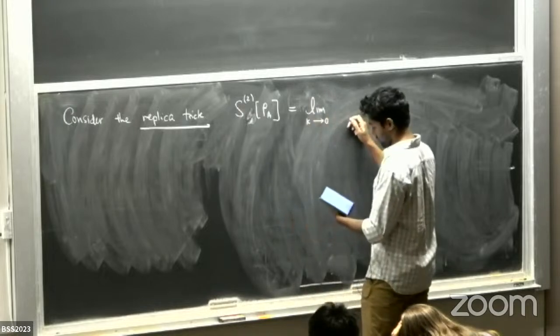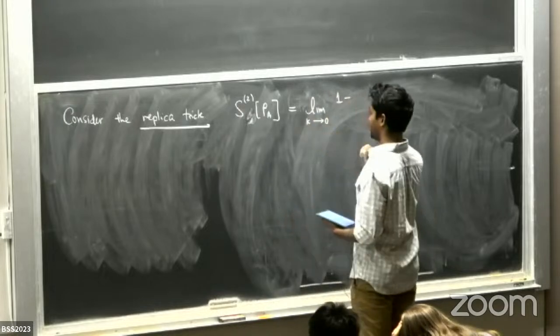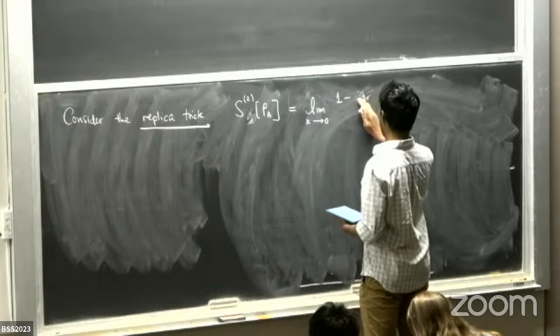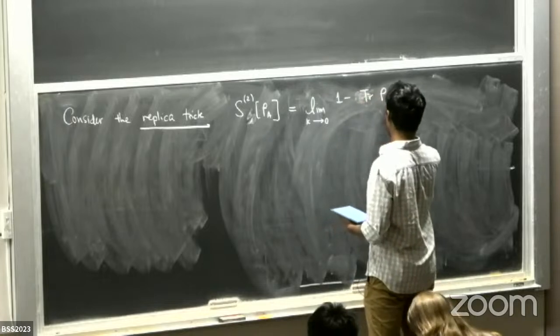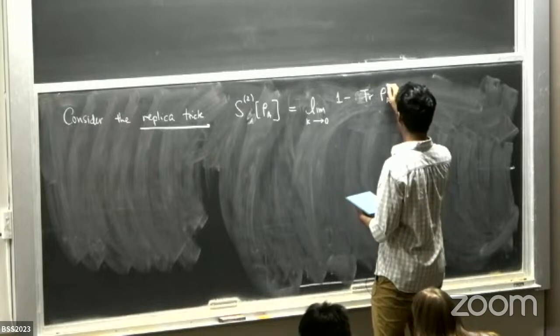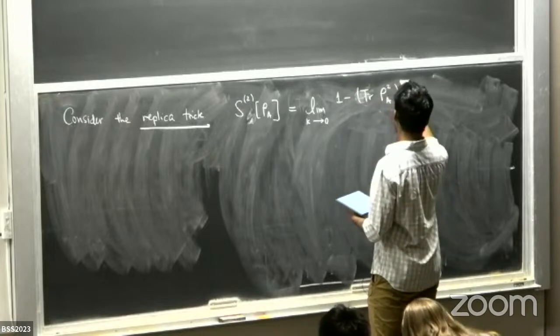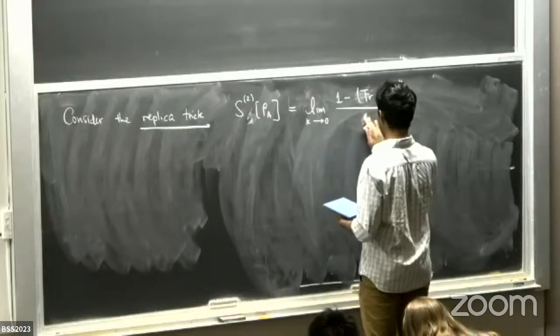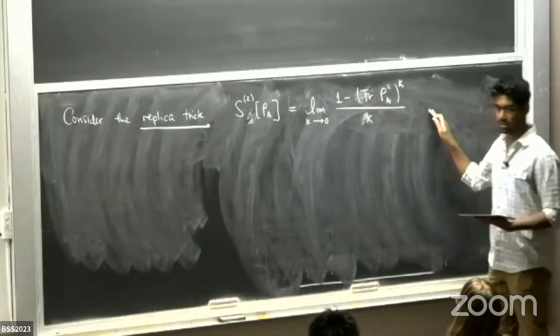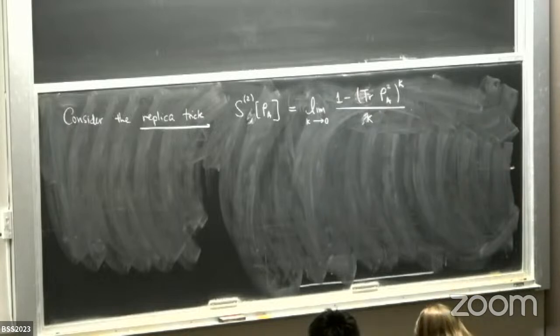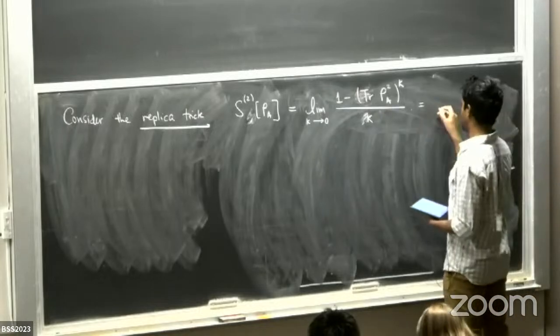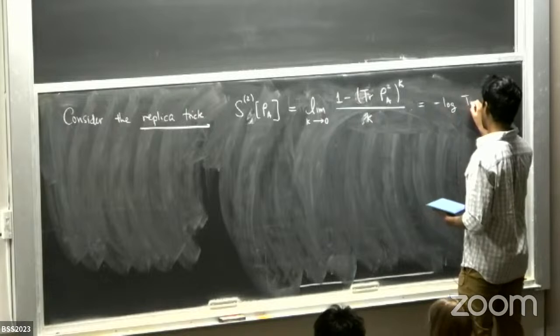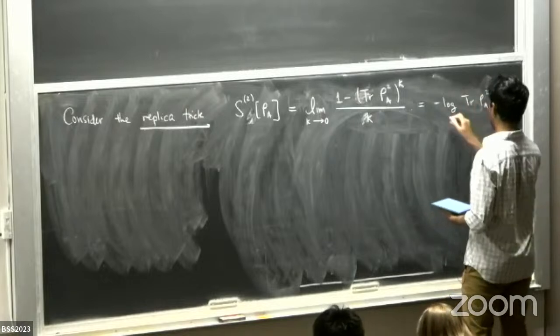I'll write it down trivially for the second Renyi entropy. It's given by 1 minus trace of rho A squared to the K divided by K, in the K going to 0 limit. This is something that you can check. So this will give me minus log of trace rho A squared.